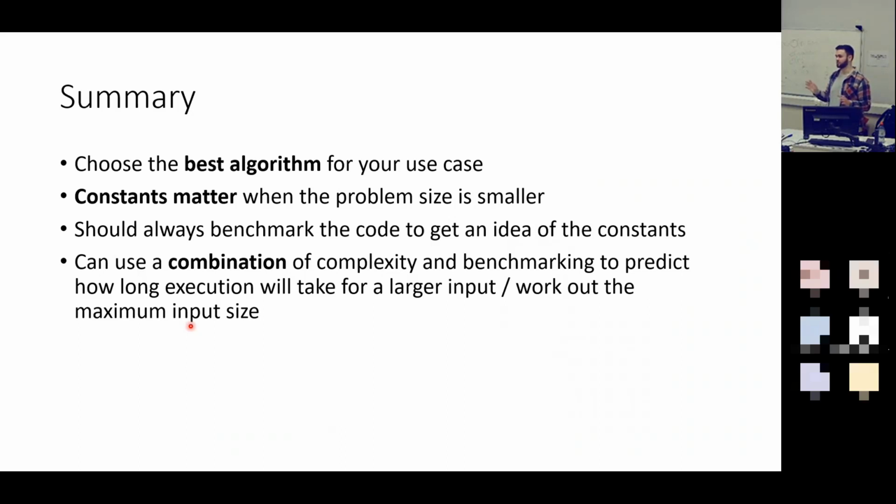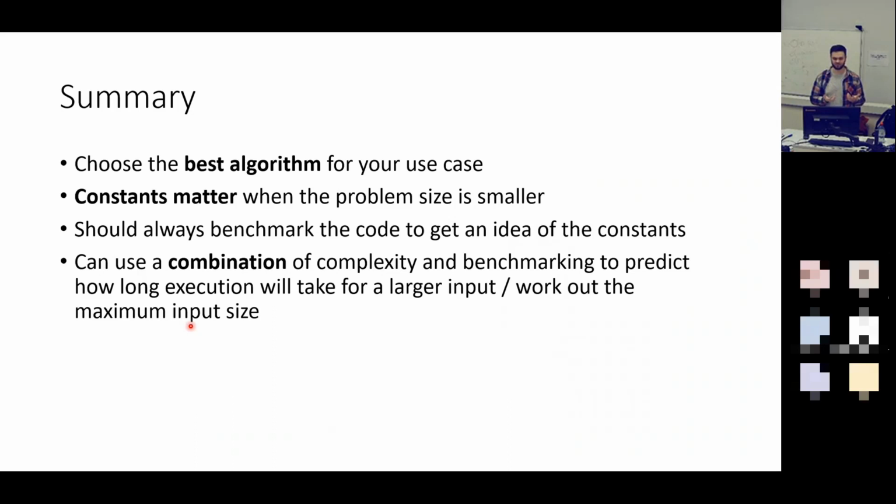But those algorithms are usually much more complicated. And oftentimes the trade-off is they have really big constant factors, so you have to do a lot of overhead to actually implement these algorithms. So for smaller values, they can actually be slower.